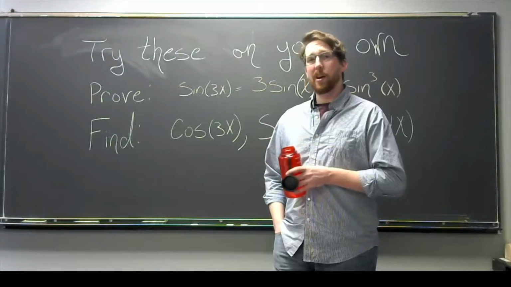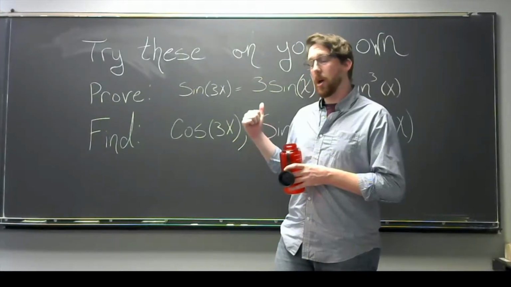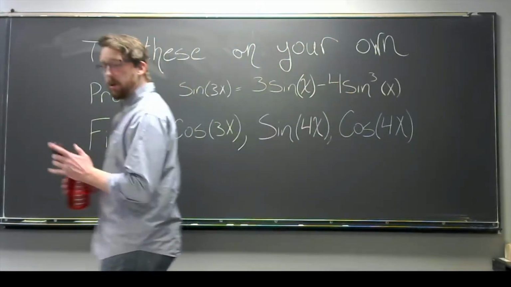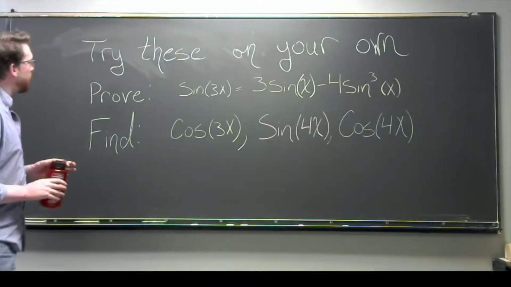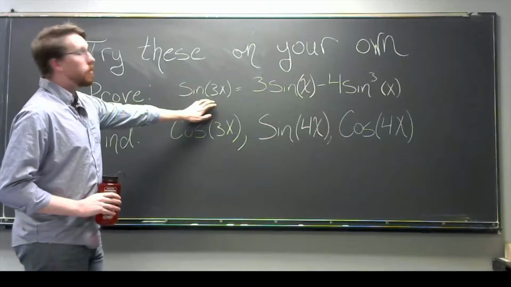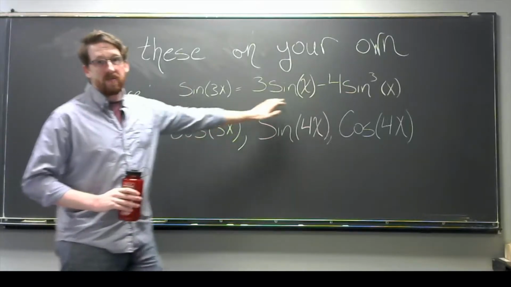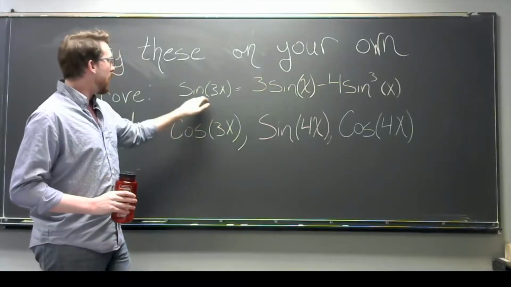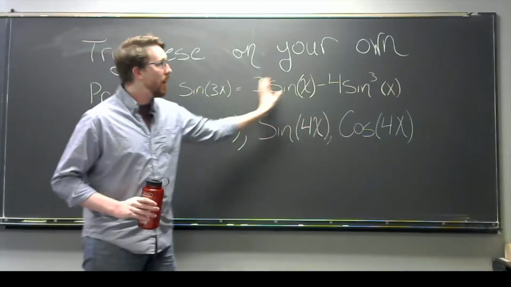Before we really got into everything, I wanted to challenge y'all to try these 4 problems on your own. So what we've got here is this first problem. I just want y'all to prove this equivalence. Show that sine of 3x is in fact equal to all of that.